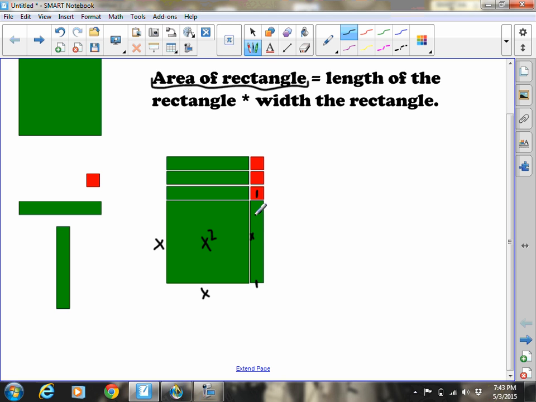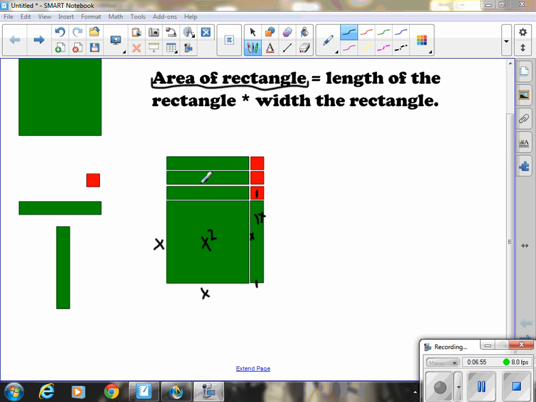So he has an area of 1 times x, which is 1x. Now these guys are the same way. Just because they're horizontal doesn't mean they're any different. So he has a length of x, and he has a width of 1. So he has an area of 1x.